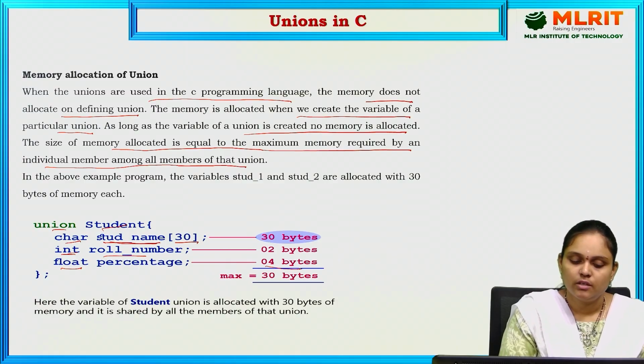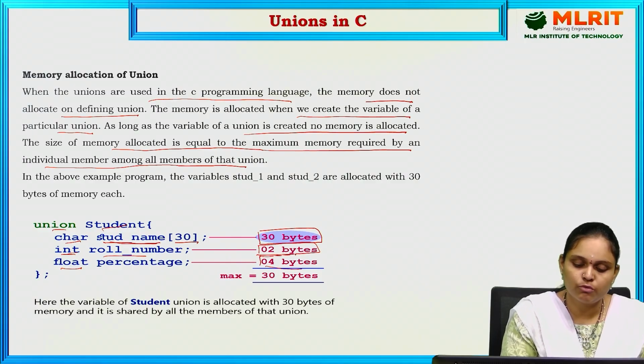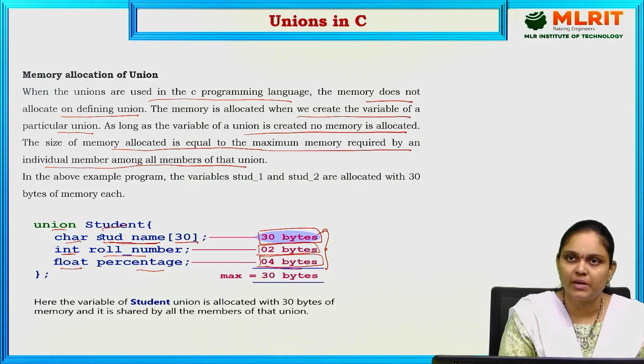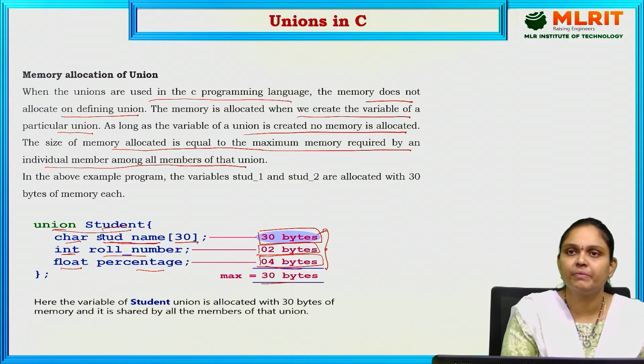So the name occupies 30 bytes to store the characters, 2 bytes are used to store the integer value, and 4 bytes are used to store the percentage of that particular student. Out of these three, the largest data type is 30 bytes. So only 30 bytes of memory will be allocated to this union whenever we declare a variable.